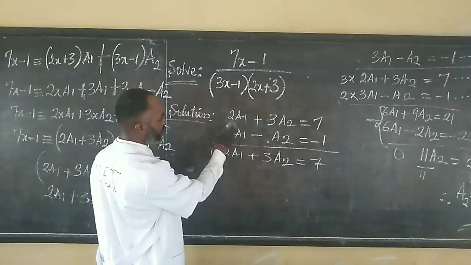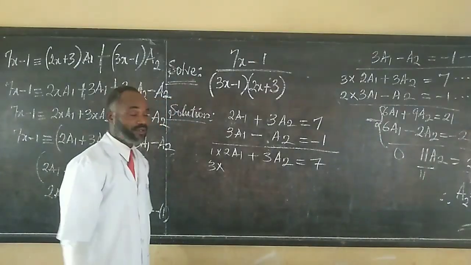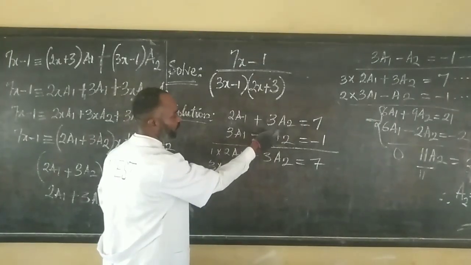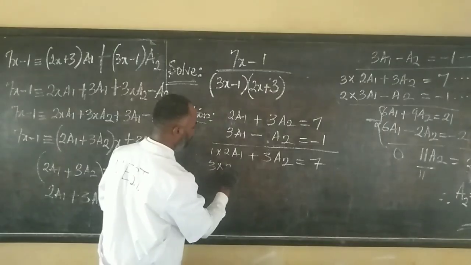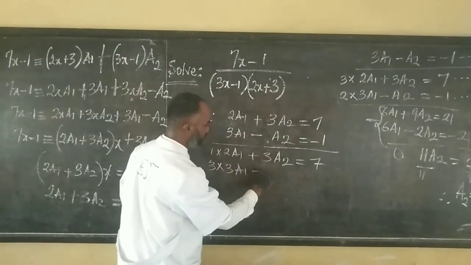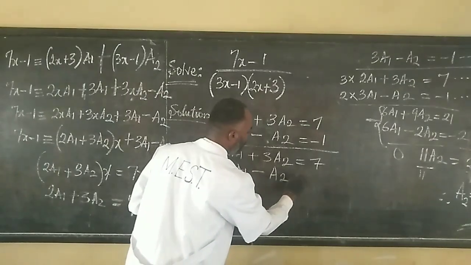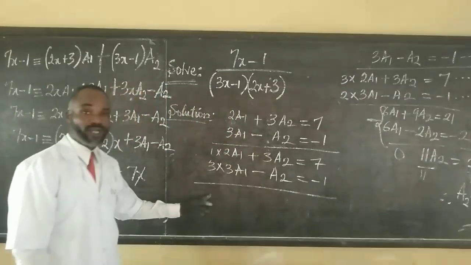And then here we have 3 times, we exchange the coefficient of a2, 3 times 3a1 minus 3a2 equals minus 1. So let's see what we are going to have at this point.